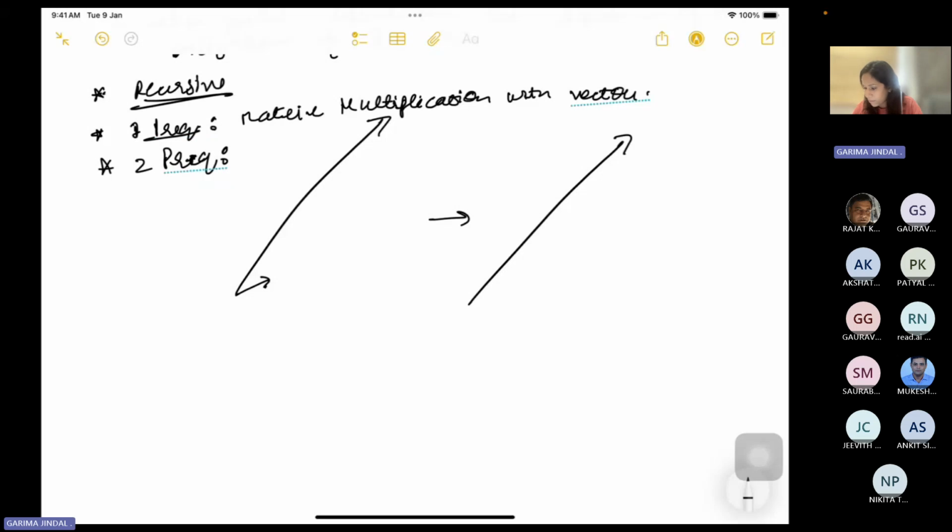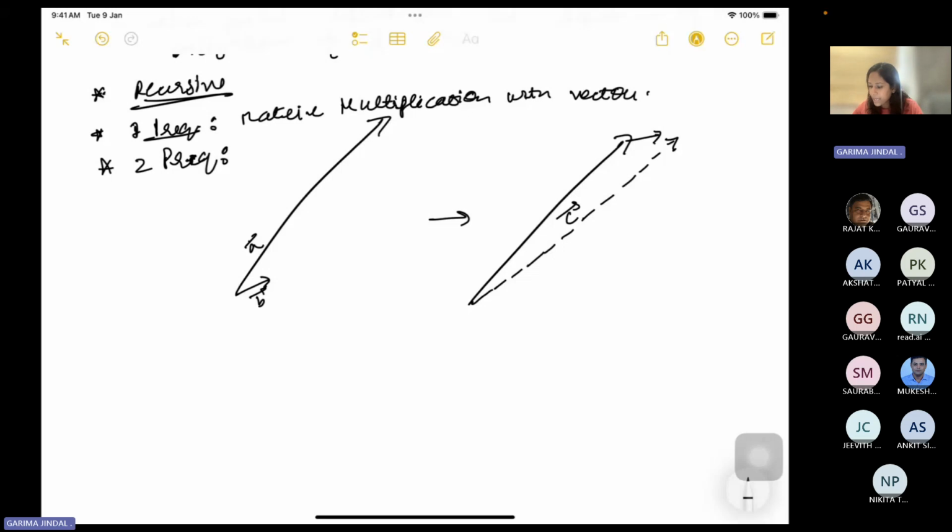So this is your vector number one, this is your vector number two. This will be the solution of vector A plus vector B. So vector C is the answer for vector A plus vector B. Now if you closely observe these two, whenever we perform addition, if one vector is quite a bit larger than the other, then the resultant will be very close to the direction as well as the magnitude of the bigger vector.